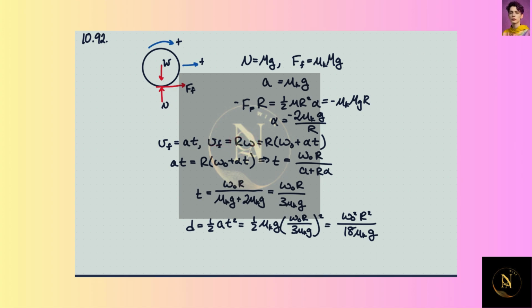And we know omega is going to be omega naught plus alpha t. But it's going to be slower because alpha is negative. It's going to slow down, right? This is going to slow down, but then some of that energy is going to go into causing it to move forward.